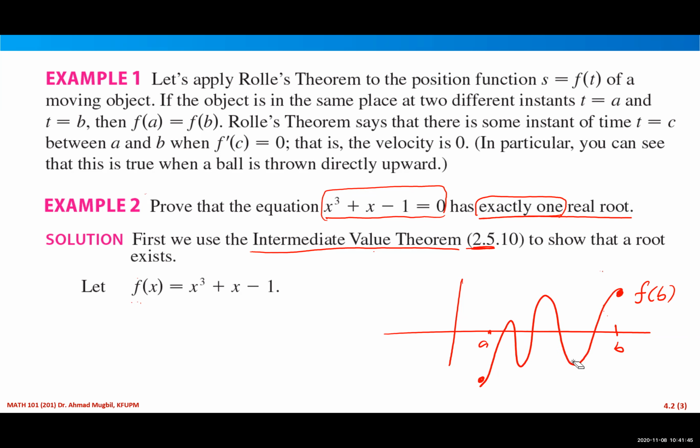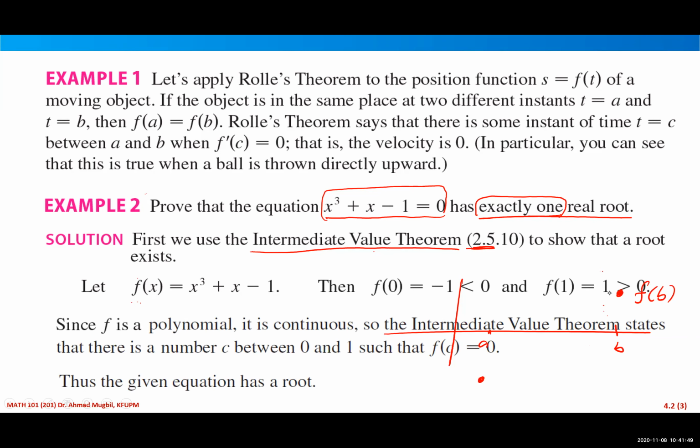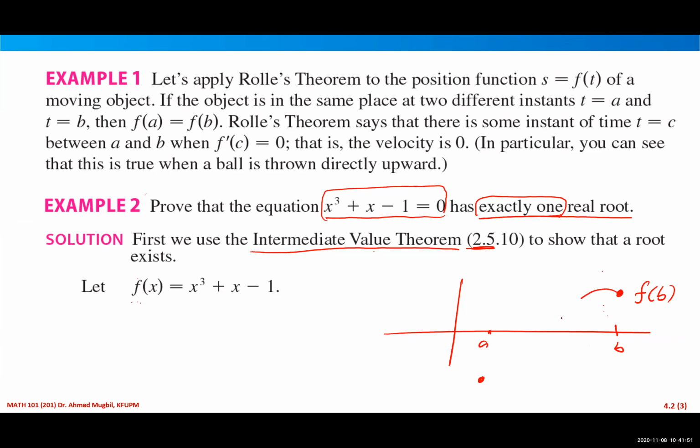In the worst case, it will do this. So there is a number between them such that the value of the function will be 0, because 0 is between a and b. Do you remember now the intermediate value theorem, Shabab?